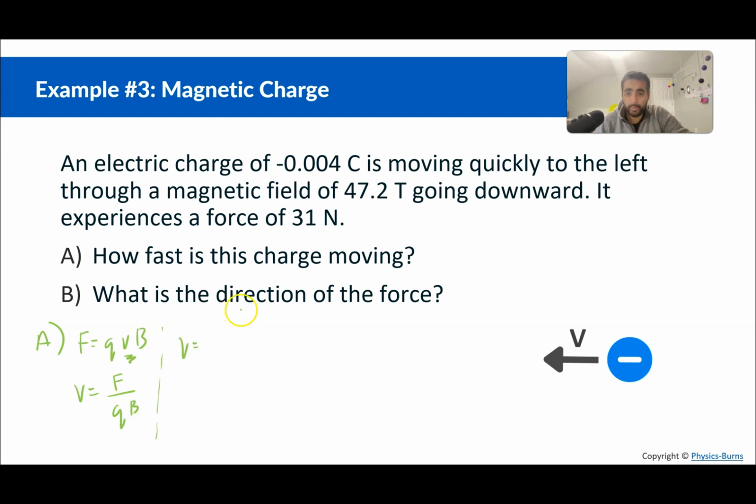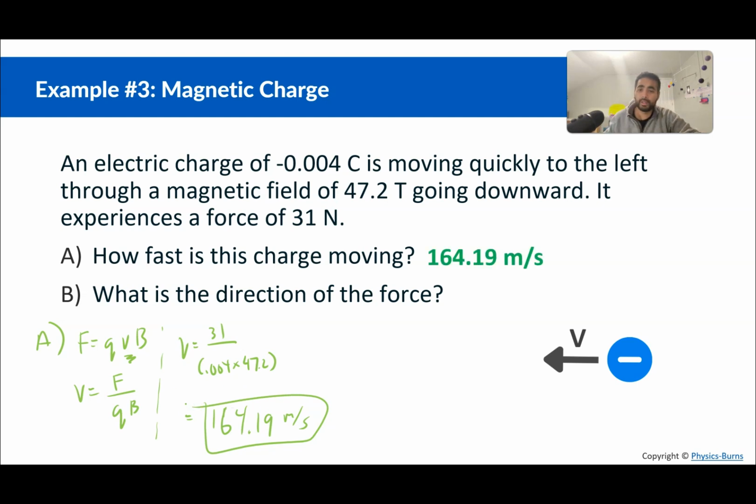Velocity is equal to force, 31, divided by Q, 0.004, times the magnetic field, 47.2. Now let's put this in my calculator: 31 divided by 0.004 times 47.2. And we get 164. Whoopsies. 0.19 meters per second.